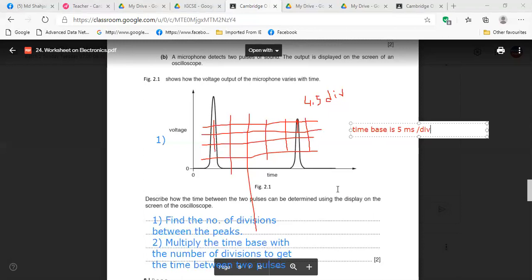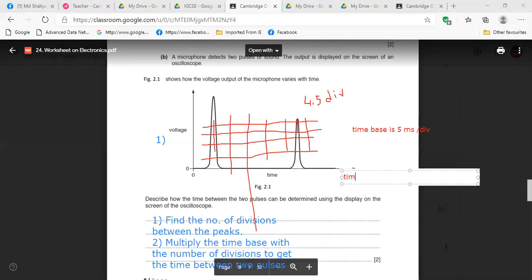So the time between two pulses equals how much? 4.5 divisions multiplied by 5 millisecond per division.